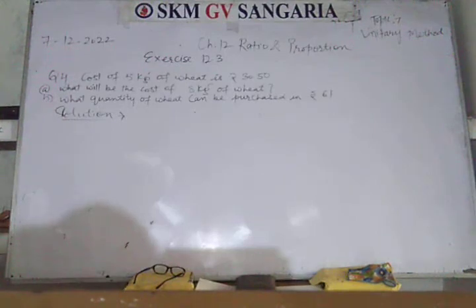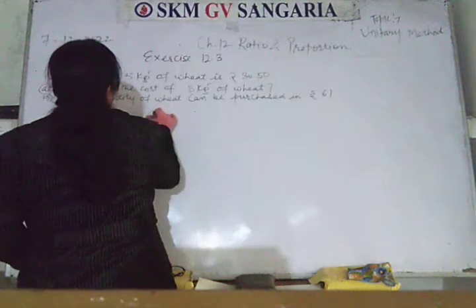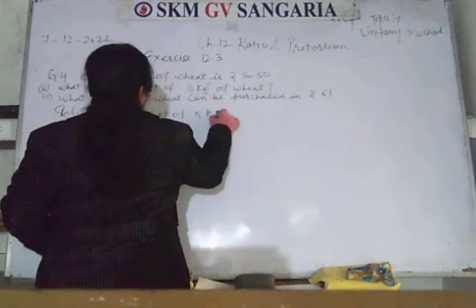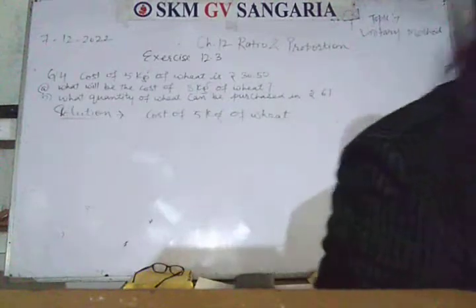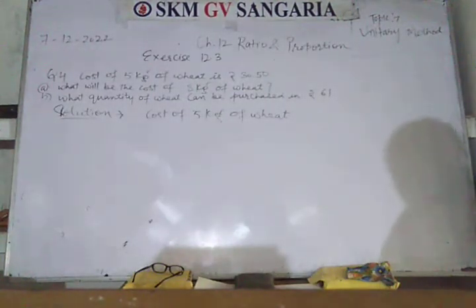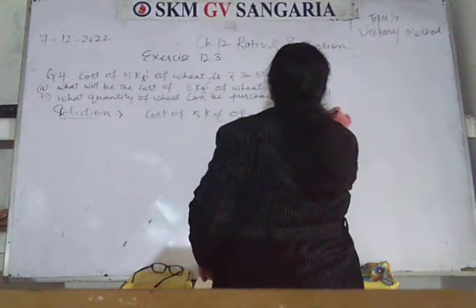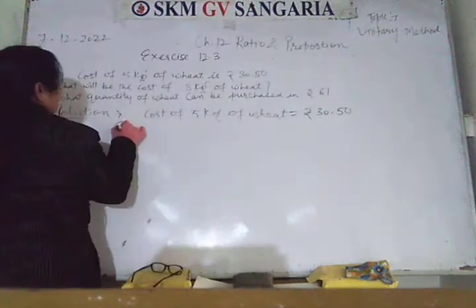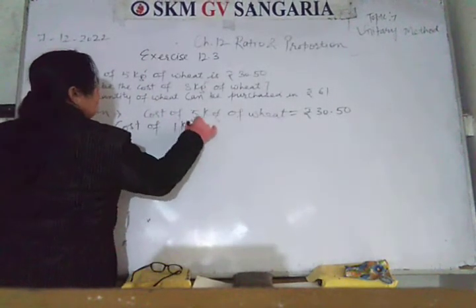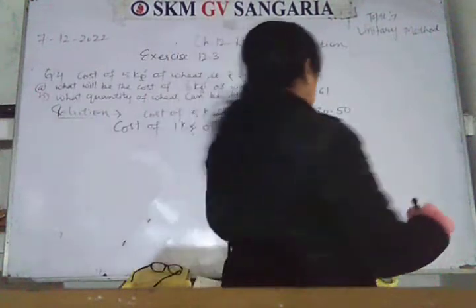So first of all, we will divide. We will find the cost of 1 kg of wheat.